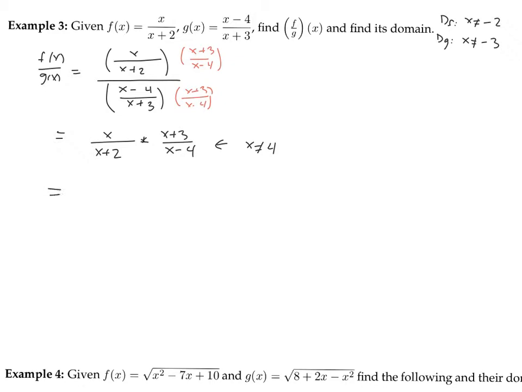The numerator becomes x squared plus 3x. The denominator is x squared minus 4x plus 2x minus 8. So x squared plus 3x over x squared minus 2x minus 8.